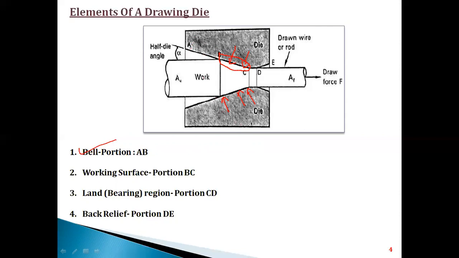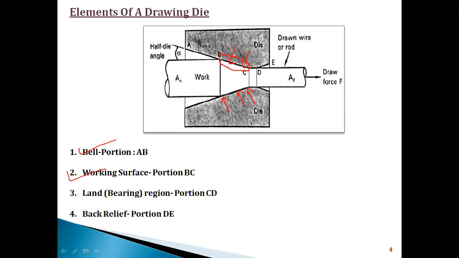In very simple words, it is in this region that the compressive forces are applied on the work material, which is reduced in cross section, and it flows outside passing through the portions CD and DE. This is regarding working surface BC.